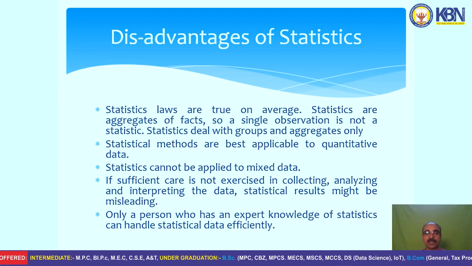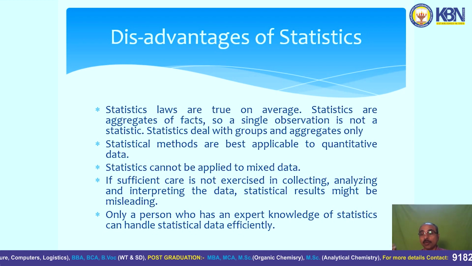Next, the second one. Statistical methods are best applicable to quantitative data. What is quantitative? Exactly the number, which can be represented in terms of numbers, is called quantity. Then what about quality? Here, if you observe, quality will not be taken into consideration.